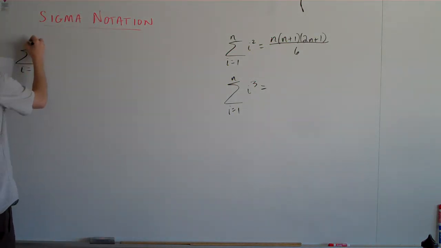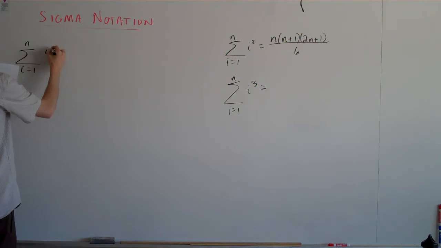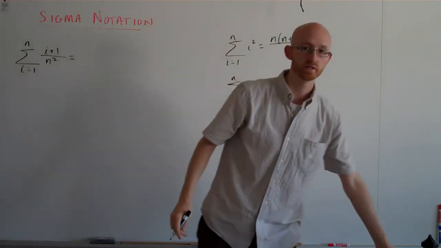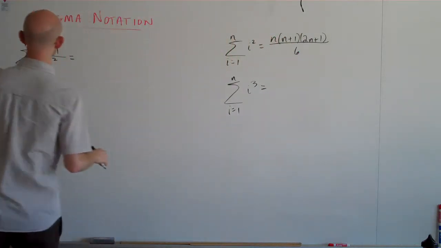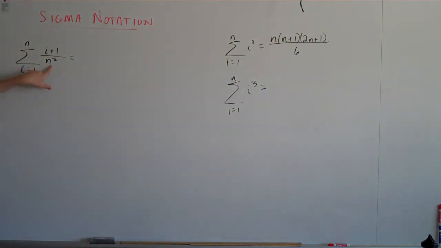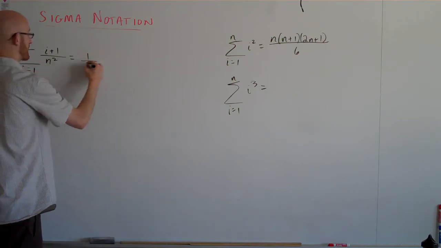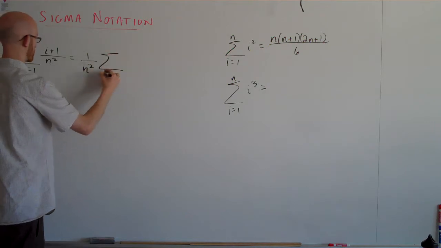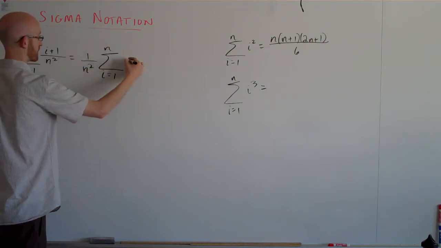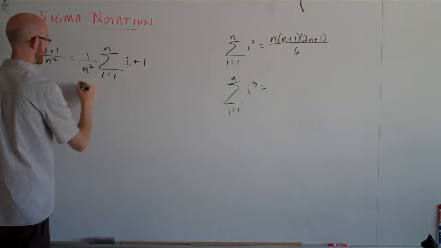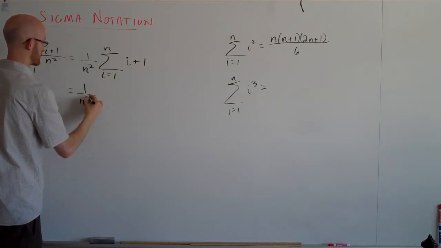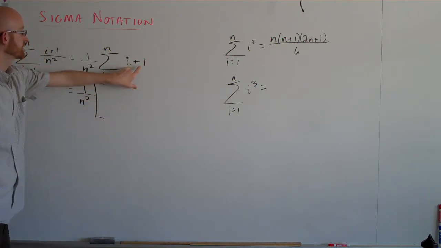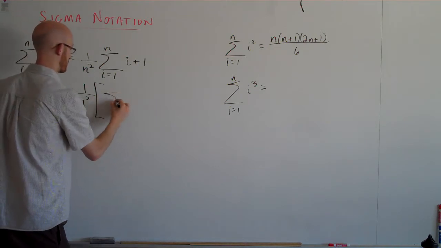The sum from i equals 1 to n of (i plus 1) over n squared. So the first thing I see here is that the n squared is not dependent on what i is. So what I'm going to do is factor the n squared out. And also a property of these sums is that you can split these 2 terms up.